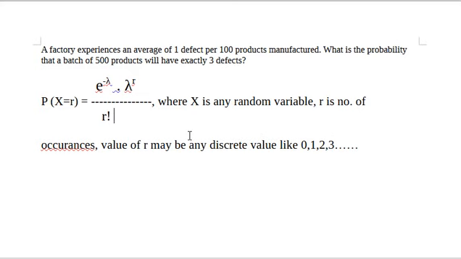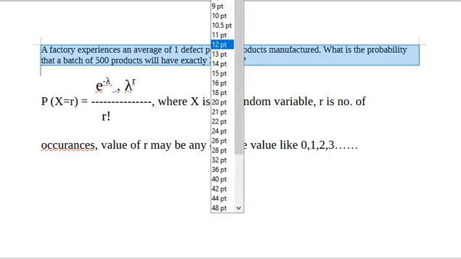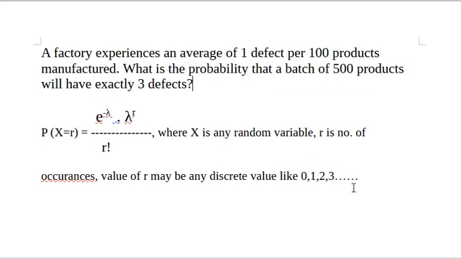So this is my formula where x is any random variable, and r is the number of occurrences, and the value of r may be any discrete value like 0, 1, 2, 3, etc. I can make the font bigger, maybe 18. This is much clearer now. Now we will try to solve this.